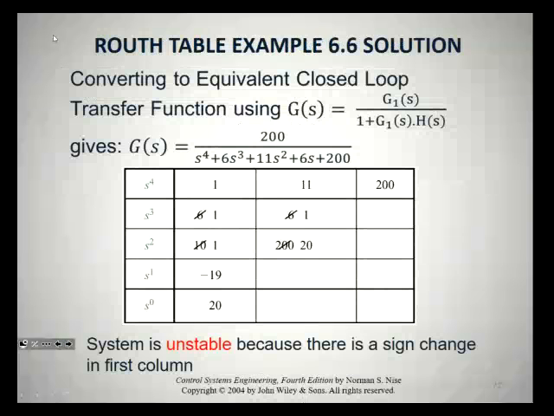Yeah, that's right enough then. And again, filling it all in. A4 is 1, A2 is 11, A0 is 200, A3 is 6, A1 is 6, and so on. And you can see here again, because there's a sign change, that's an unstable system.